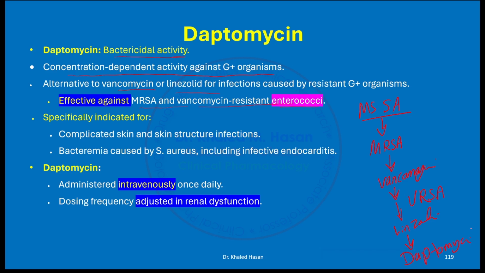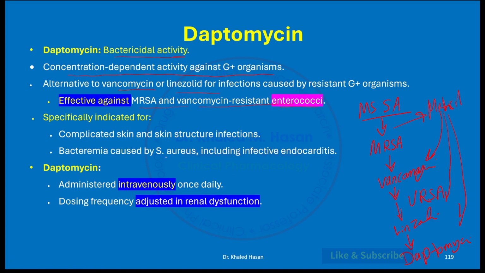Now we have the process to choose: for example, here we go with methicillin, and then the alternative, we have it here. This medication is available intravenous, and the dose should be adjusted in patients with renal dysfunction.